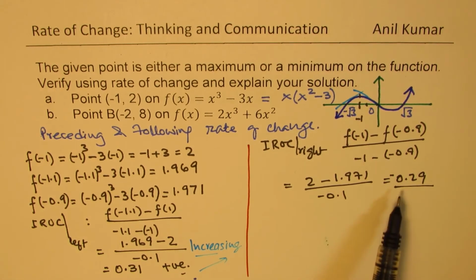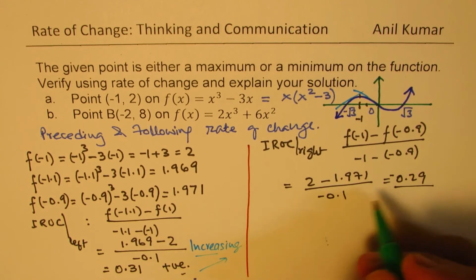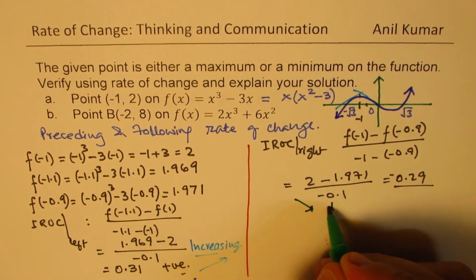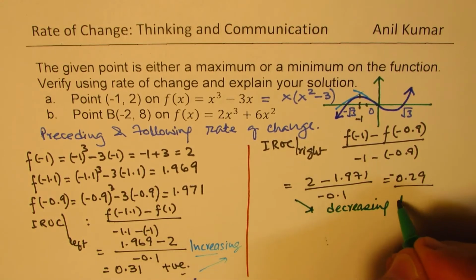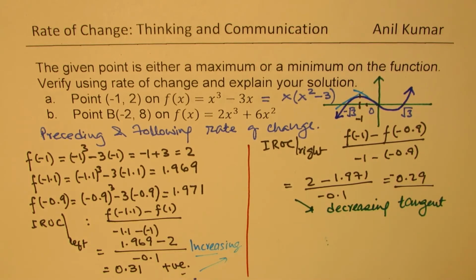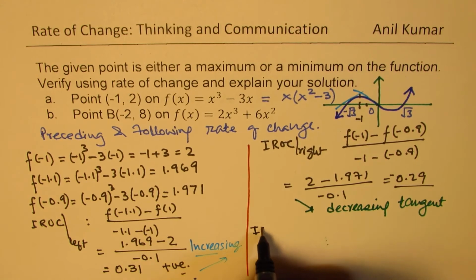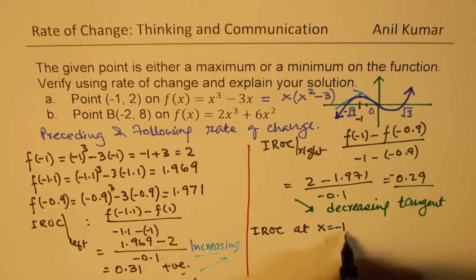Correct? So we get that value. Negative clearly indicates that it is decreasing, right?